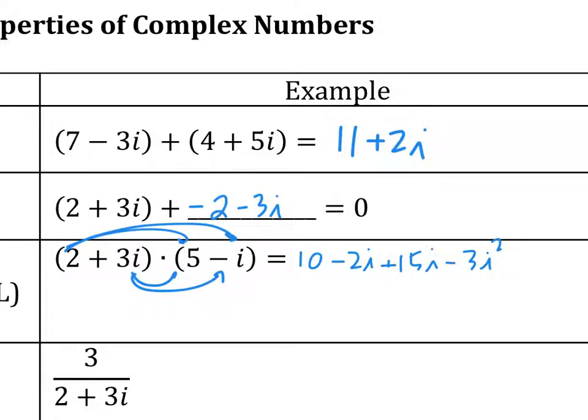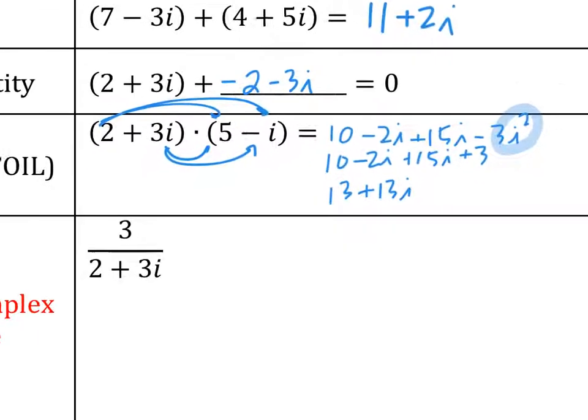Now I do have an i squared. i squared becomes what? Negative 1. So this part here becomes a negative 1. And that negative 1 will multiply with that negative 3 and become an actual positive 3. So actually my expression is 10 minus 2i plus 15i plus 3. And then combine like terms. 13 plus 13i. The reason I want you to write it all out at first is everyone messes up on the i squared. So please be careful. Don't make small mistakes like that.